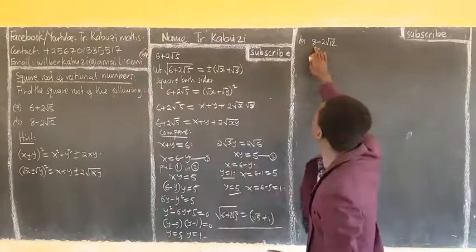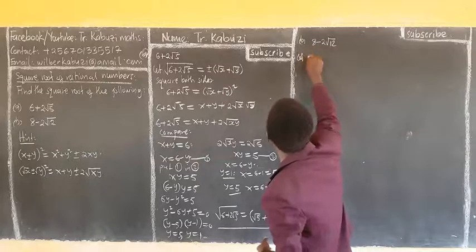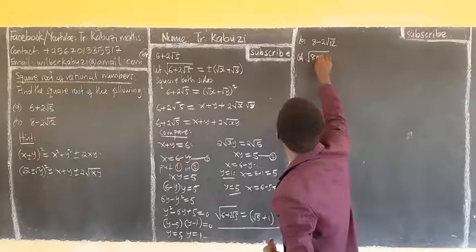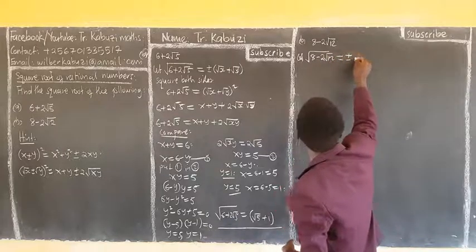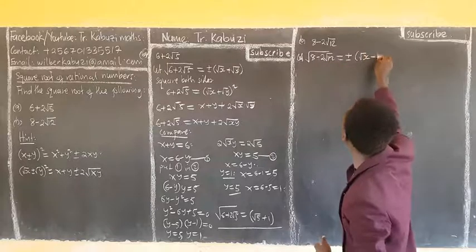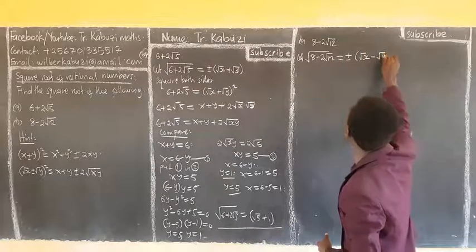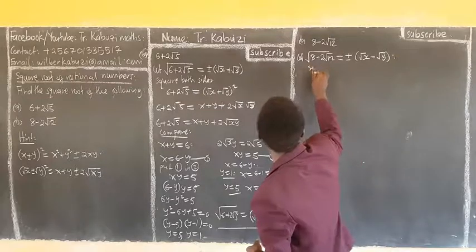So here when I come to this, because it's negative, I say let the square root of 8 minus 2 root 12 be plus or minus root x minus root y, because this is negative, even this is going to be negative like that. The same idea, we square both sides.